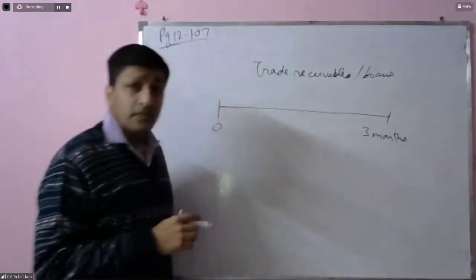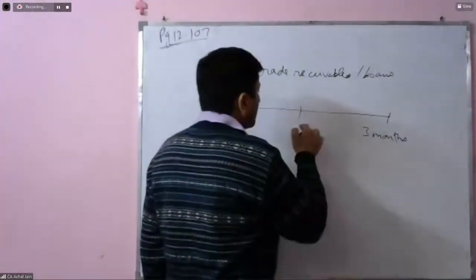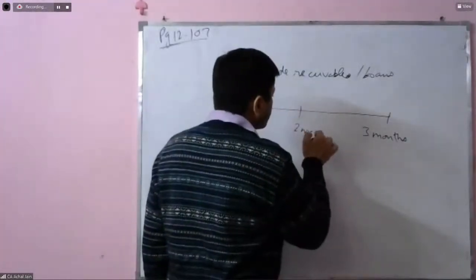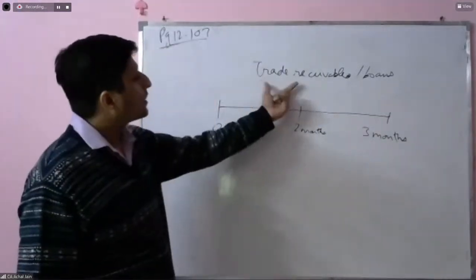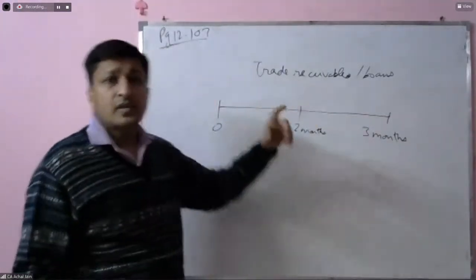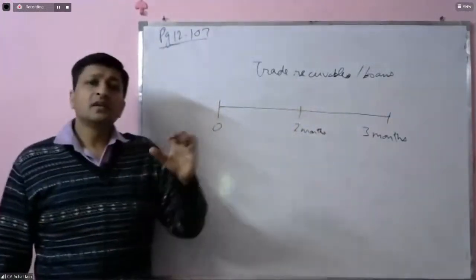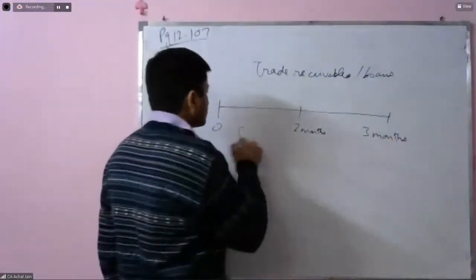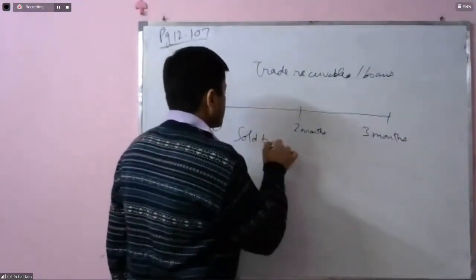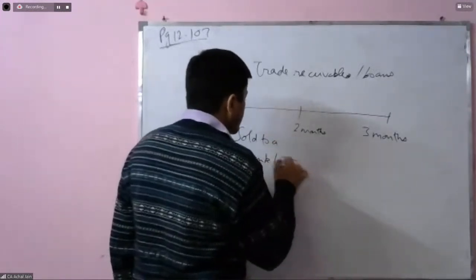At times, it is possible that after 2 months, the company gets these trade receivables discounted from the bank. Discounting means these are sold to a bank or a financial institution.